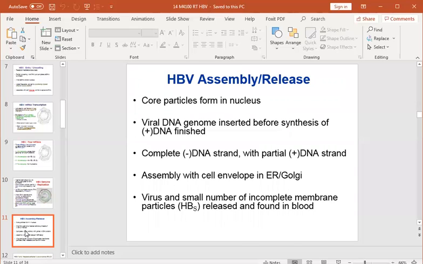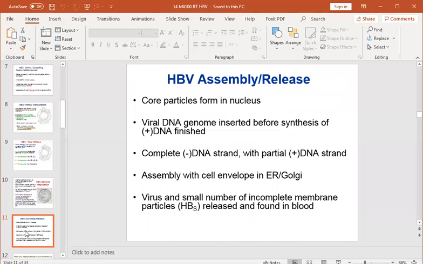HBV assembly and release. The core viral particles will be formed in the host cell nucleus. The viral DNA genome is inserted before the positive DNA strand synthesis is completed. So what do we have in the genome?